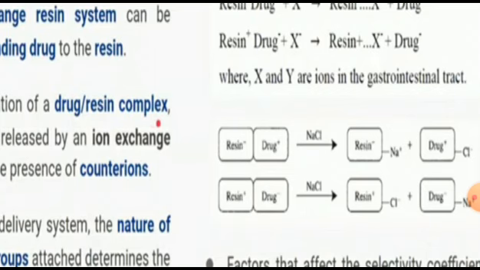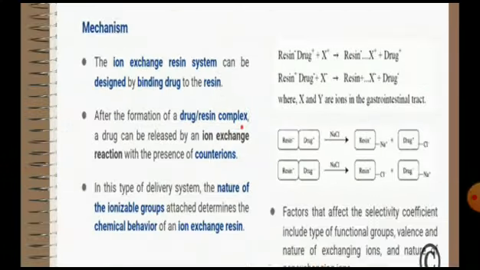See, after the formation of a drug resin complex, the drug can be released by an ion exchange reaction in the presence of counter ions. Here, in the first reaction, the counter ion is sodium, which carries the same charge as the drug. The drug carries a positive charge and sodium also carries a positive charge.